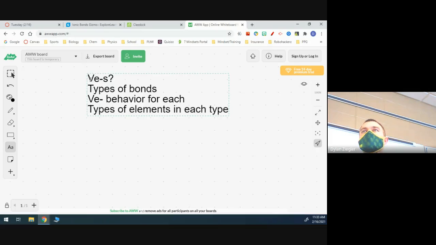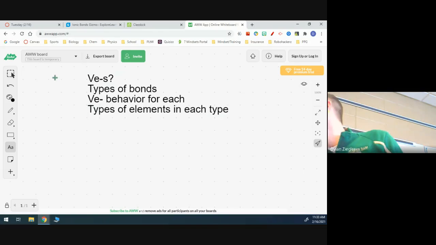Anyone know which ring does not hold 8? Yes? The first one. The first one only holds 2 electrons. So first ring holds 2. Every one after that holds 8. So the maximum amount of valence electrons you can have as an atom would be 8. Because as soon as you get 9, you get another ring. Because that one becomes full, you get another ring, and now you only have 1 valence electron on that ring.